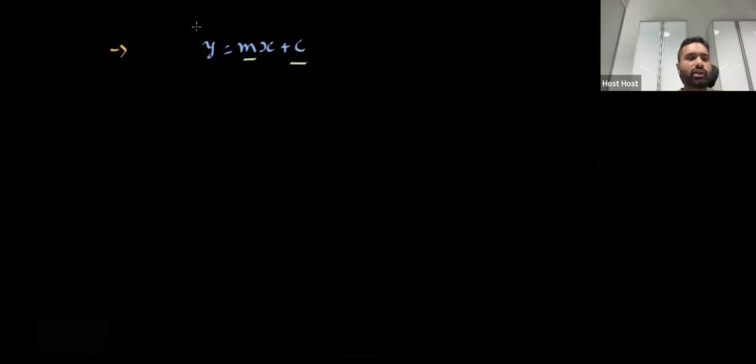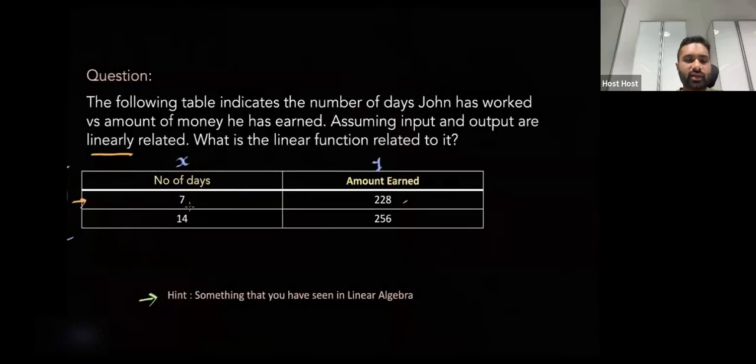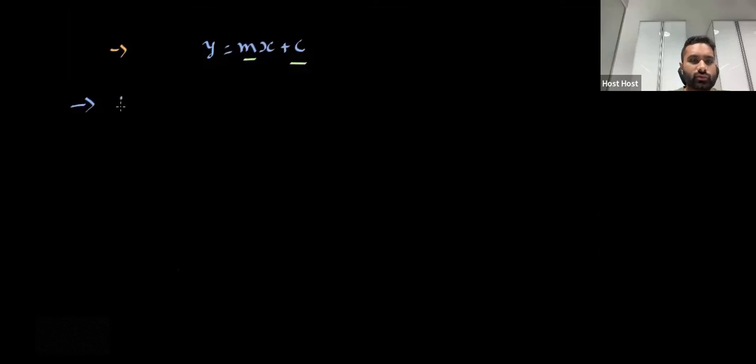That is what you should estimate and find. So how to calculate it? As Rohan has mentioned, take a first entry and formulate a certain equation. From the first entry, if X is 7, then Y is 228. So from the first entry, Y equal to 7m plus c. And you can form a similar equation, a second equation, from the second entry.